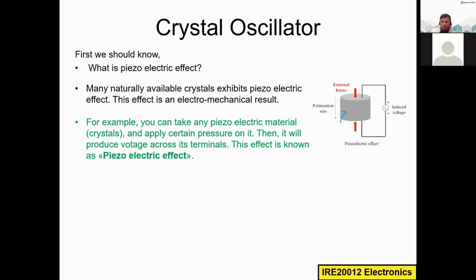So let us say this is a quartz material, and you apply some kind of pressure to this material. Then what will happen? Then this material will produce some very minute voltage or electrical current. If you just measure the voltage across this material, then you can measure some kind of induced voltage, the electromagnetic field effect, EMF.